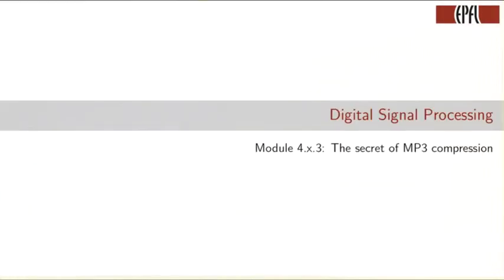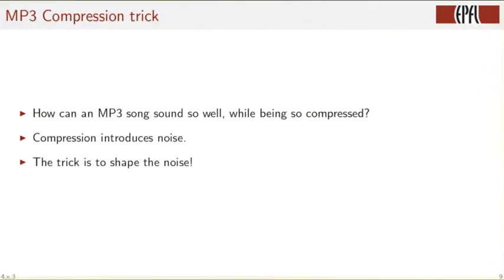The third example comes back to music, and it's understanding a little bit the magic behind MP3 compression. This magic is based on the human hearing system and the clever use of the spectrum, or the discrete Fourier transform. MP3 compressed music sounds pretty good.